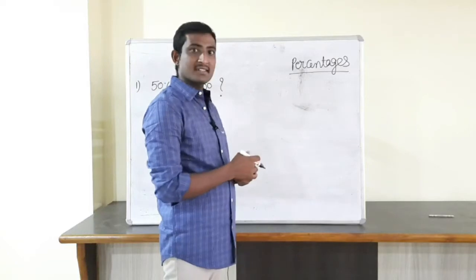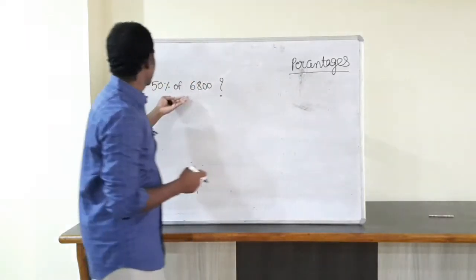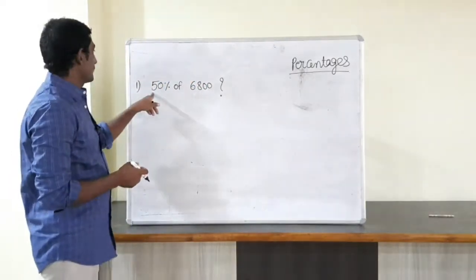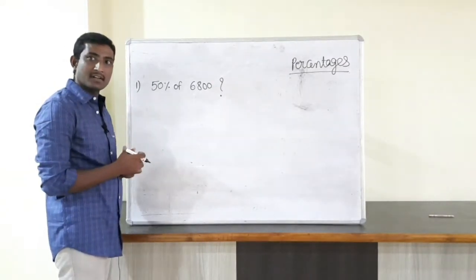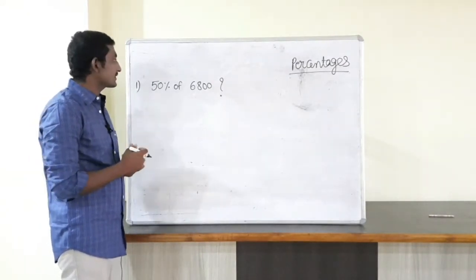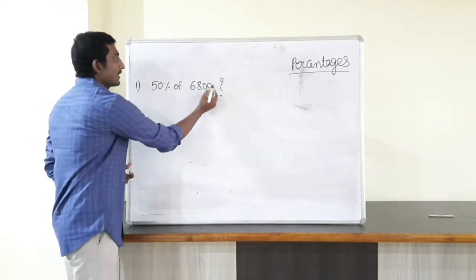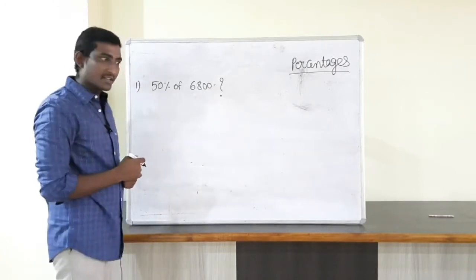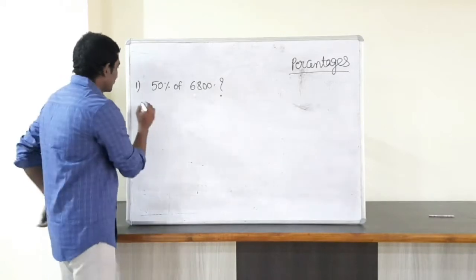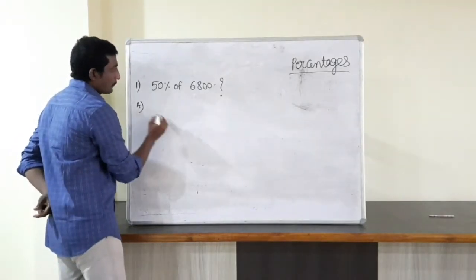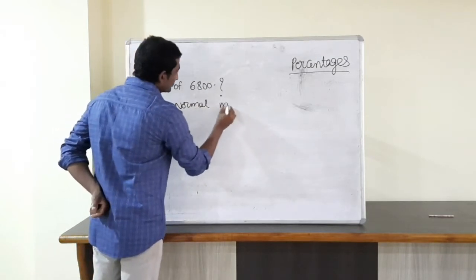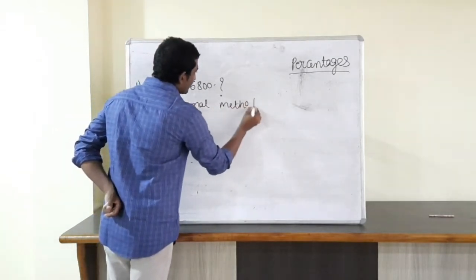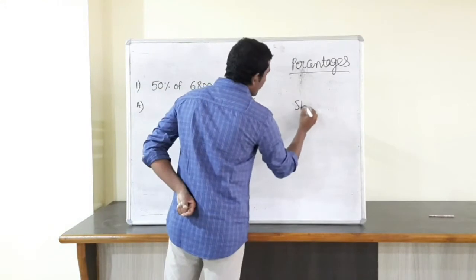Now percentages. One of the models is 50% of 6,800. 50% of 6,800 equals how much? We have two methods: one is the normal method and the other is the shortcut method.